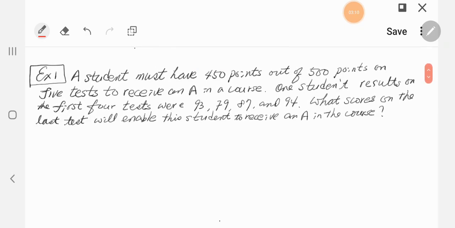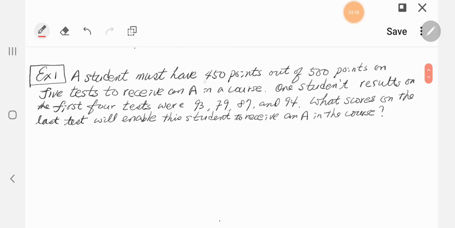Let's read example 1 and write an inequality. A student must have 450 points out of 500 points on the 5 tests to receive an A in a course. So for the math course, let's say we have 5 tests, 100 points each, then you will make 500 points. In order to get an A, you must get 450 or more.